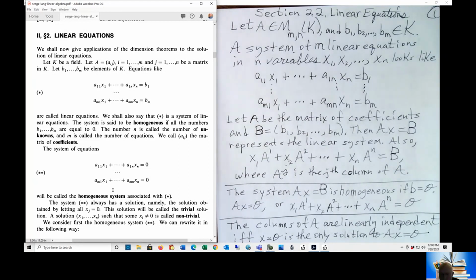Also, you can represent it in the following very important way, and we use this representation in proving theorems.